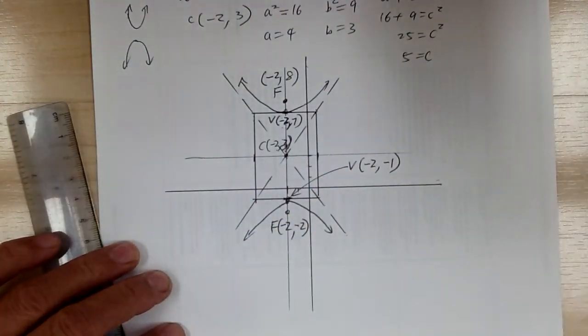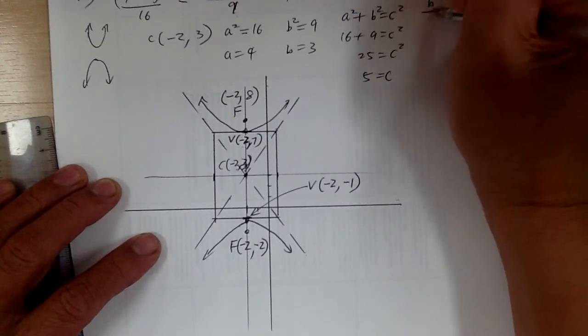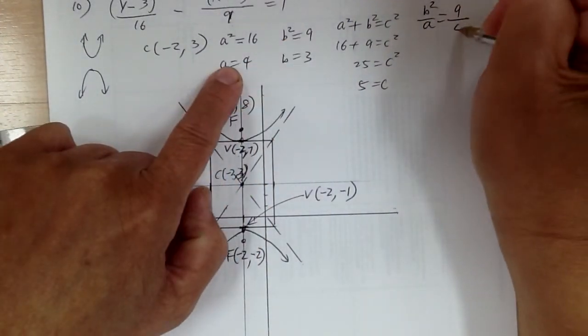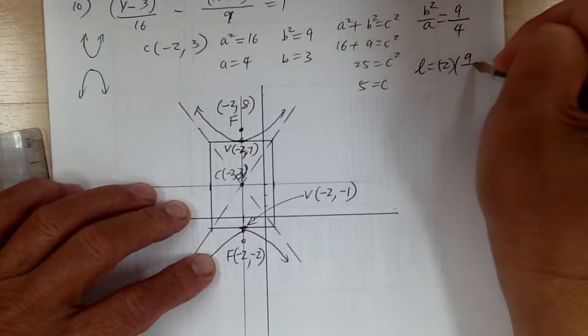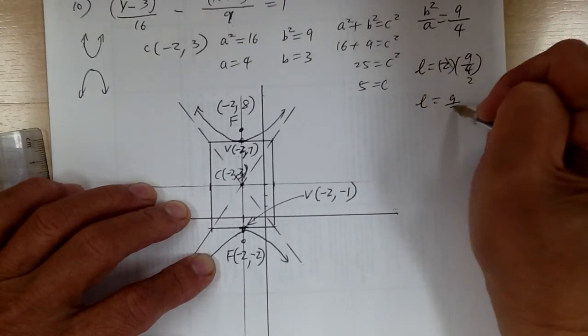Okay. Then after that, you look for the b squared over a. So b squared is 9 over a is 4. So the length would be 2 times that, so the length would be 9 over 2.